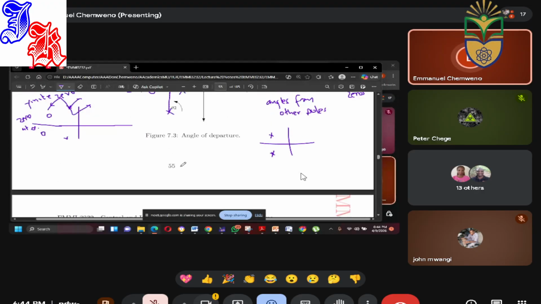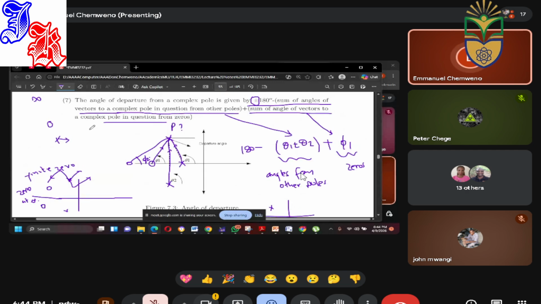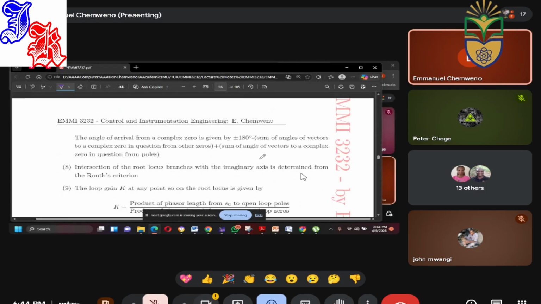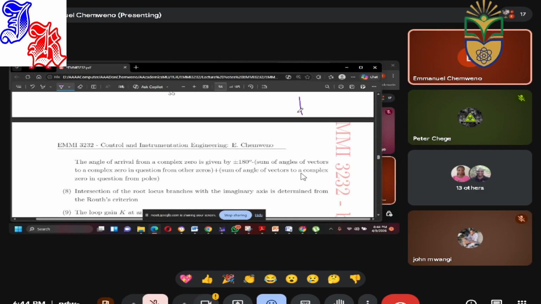Finally, similar to the angle of takeoff, we have the angle of arrival. So if you have a complex zero and you have a pole, this will terminate at an open loop pole.